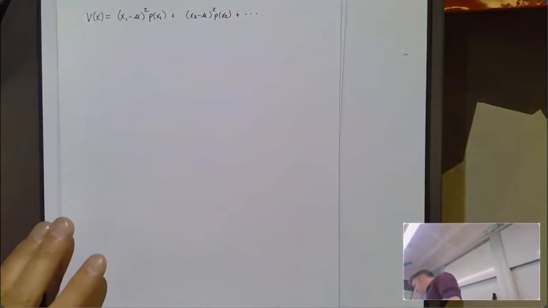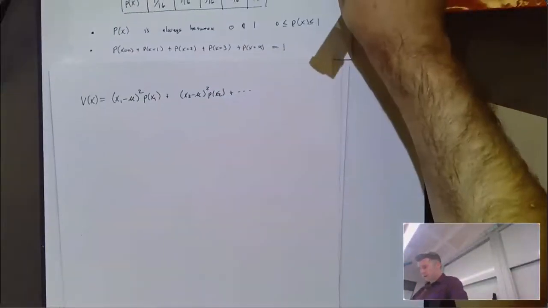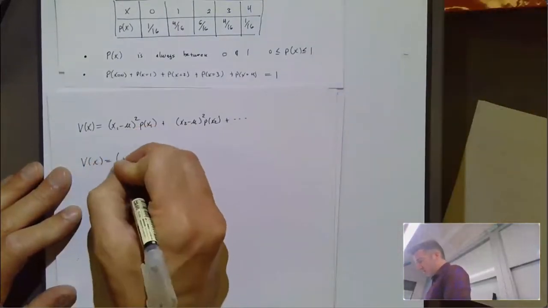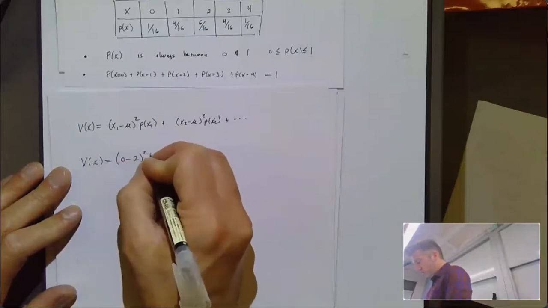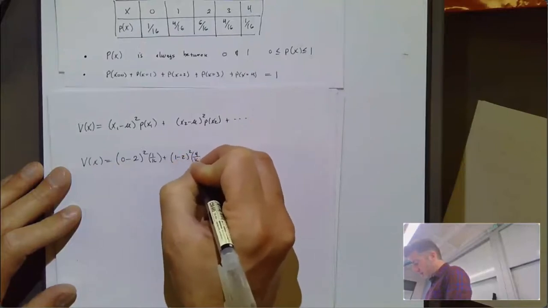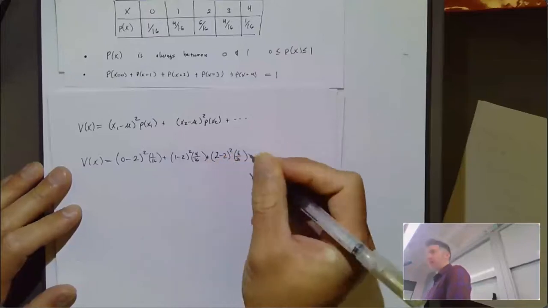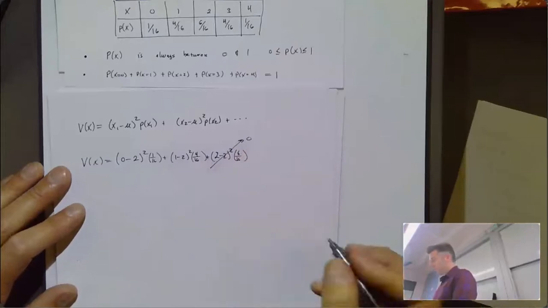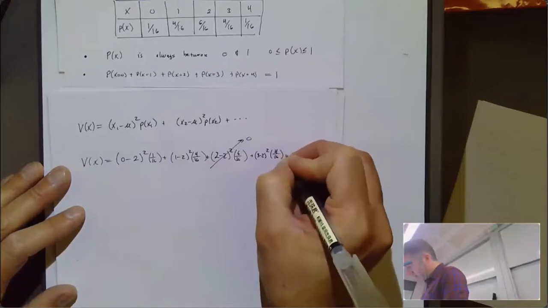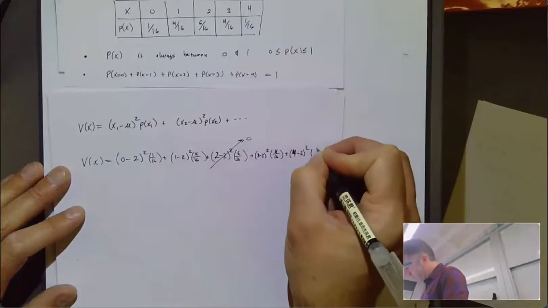In this particular case, again, just looking back at my table, and now knowing that the mean is what it is, my variance here is going to be 0 minus 2 squared times 1/16 plus 1 minus 2 squared times 4/16 plus 2 minus 2 squared times 6/16, which I don't even need to write because I know that's going to be 0, plus 3 minus 2 squared times 4/16 plus 4 minus 2 squared times 1/16.